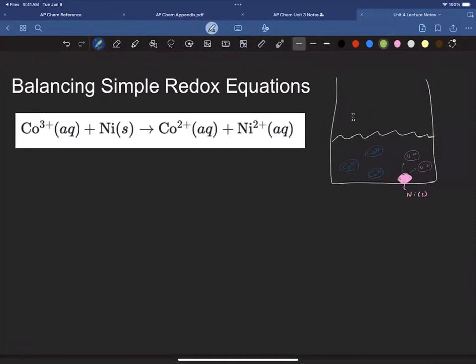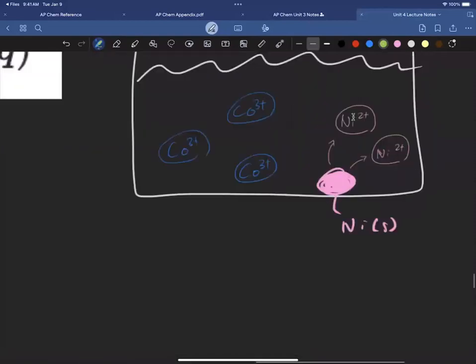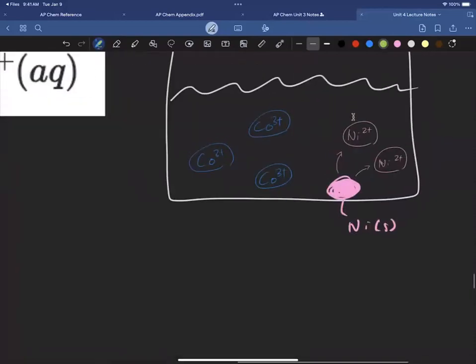Now let's look at this equation. Cobalt 3+ (aqueous) combines with nickel solid and produces cobalt 2+ (aqueous) and nickel 2+ (aqueous). If we were to draw a diagram of what's happening here, Co3+ is right now dissolved in a solution, and nickel solid is dropped inside.